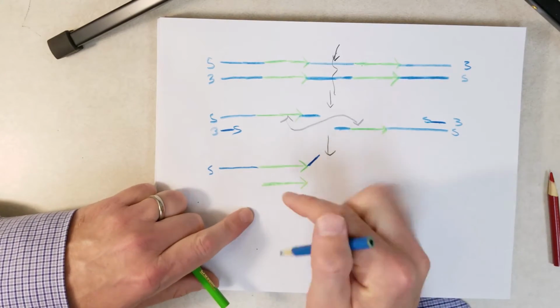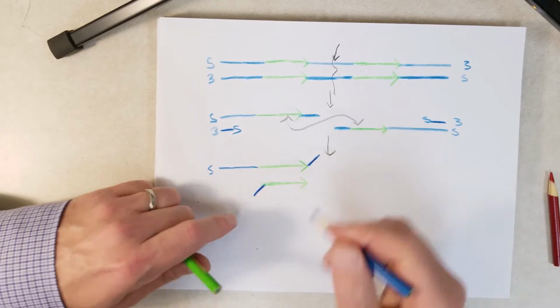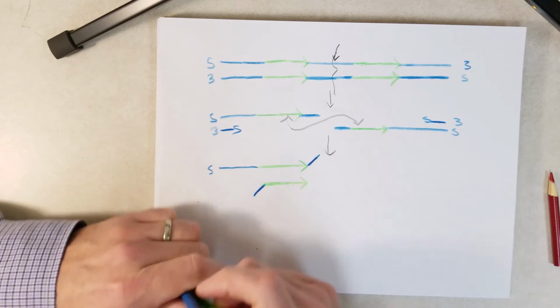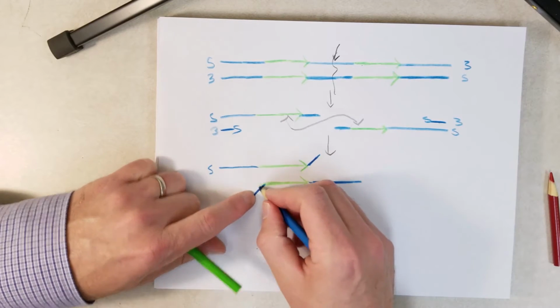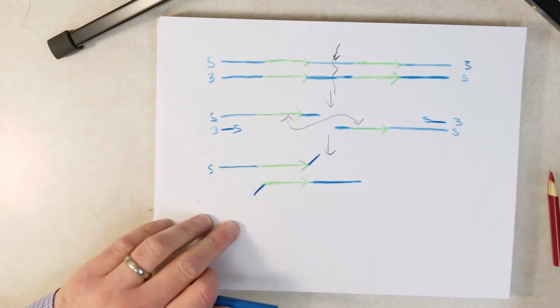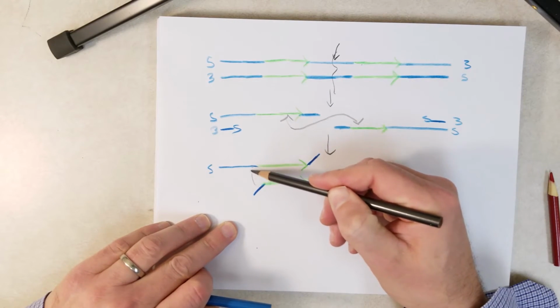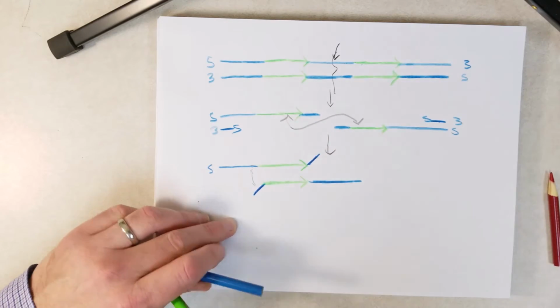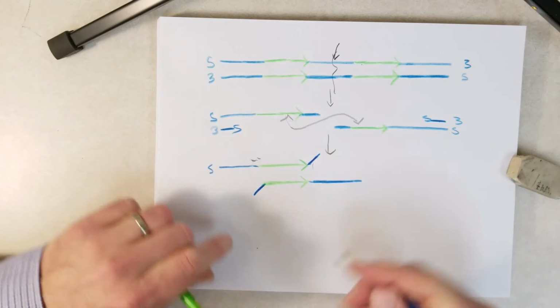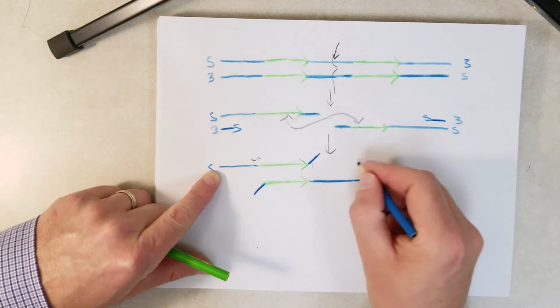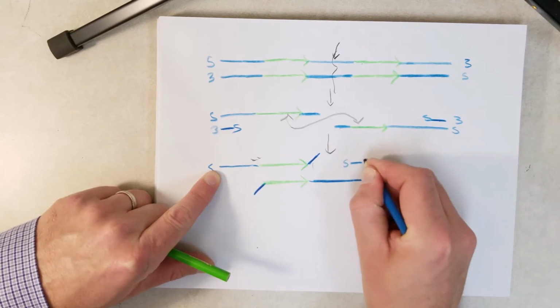So this little blue piece right here is going to be a flap. And why is it a flap? Because it doesn't anneal with this piece. It's not complementary to that. Same thing over here.